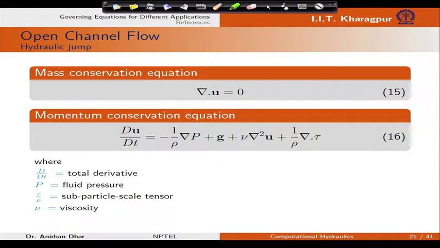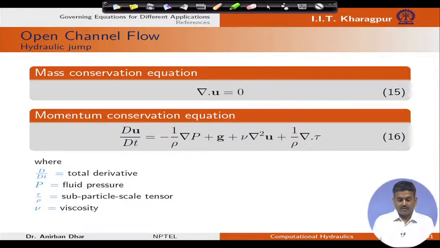And the momentum conservation equation is written in terms of total derivative, du by dt, or total derivative of u, that actually considers the advective term plus temporal change in the velocity, and tau by rho, that is the sub-particle scale tensor, and nu is our kinematic viscosity, and g is acceleration due to gravity.